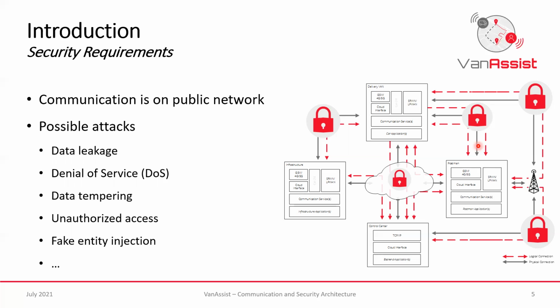So there are some potential attacks when we work on a public network: the possibility of data leakage, denial of service attack, data tampering, unauthorized access, and also fake entity injection, and so on.